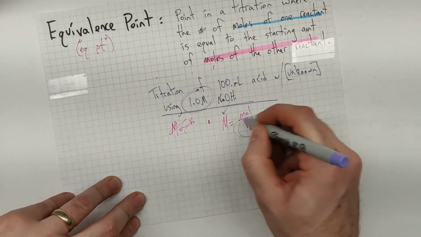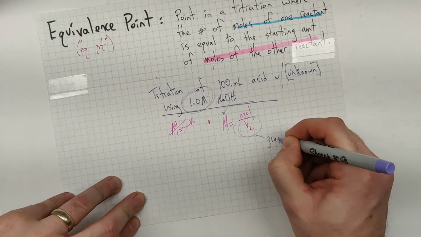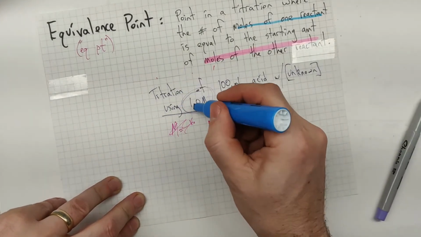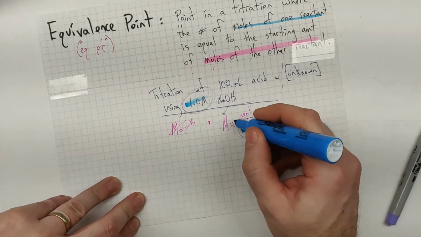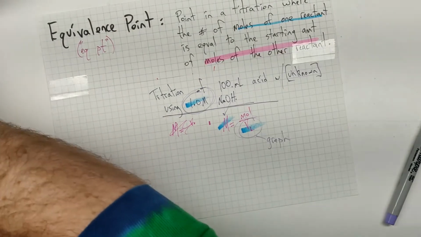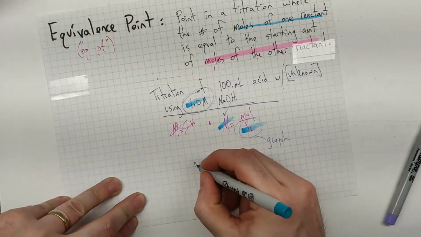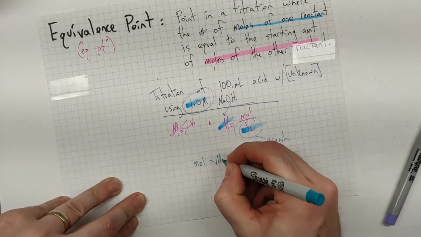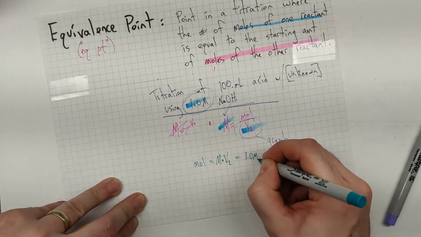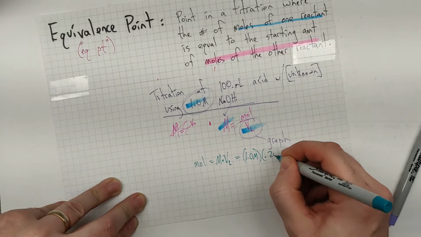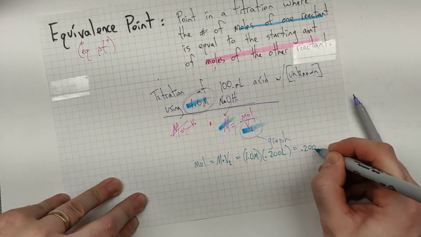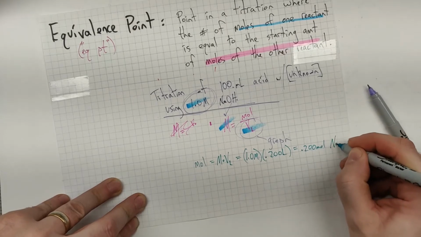I know this from our graph, and so I can solve for that molar amount. We do some rearranging there, and we find out that the moles are molarity times volume in liters. In this case, that's 1.0 molar, 0.200 liters from our graph, and that's 0.200 moles of NaOH.